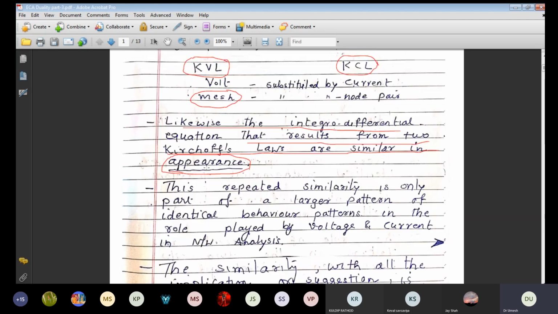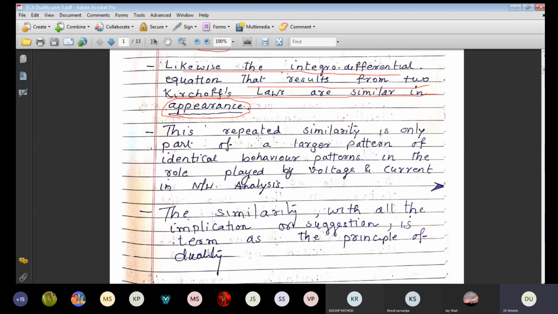Something is different in the parameters. So some results we are obtaining from Kirchhoff's voltage law and current law repeat similarly, as only a part of a large pattern of identical behavior in the role played by voltage and current in network analysis.